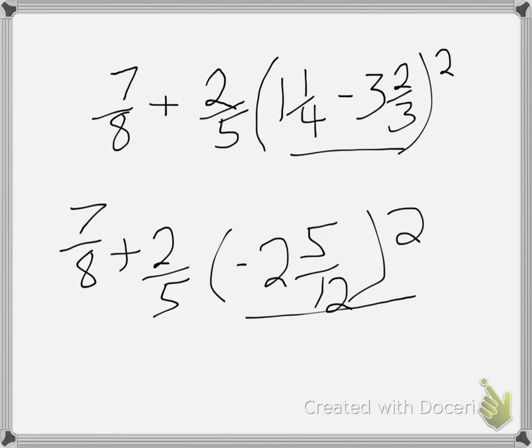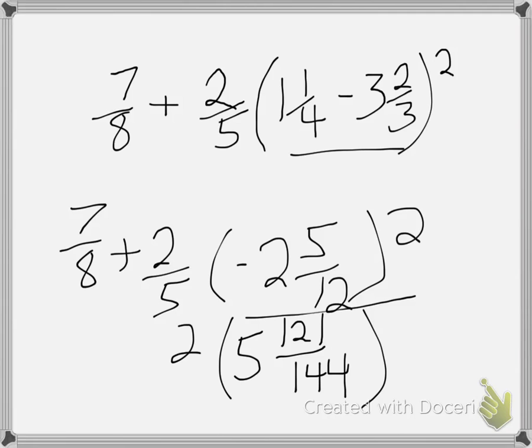Alright. Once we do this, the second power, you should get 5 and 121 over 144. So we have 7/8 plus 2/5 times 5 and 121 over 144.